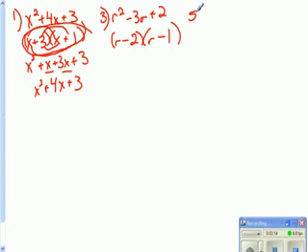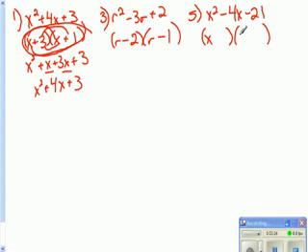That works. Number 5. We have x squared minus 4x minus 21. Put the x and the x. Now I've got both of them negative. Well, if I multiply and I get a negative, you should know I have to have different signs to get that. So I have to have a positive and a negative.